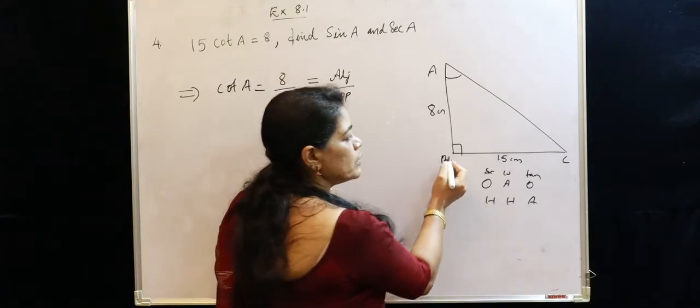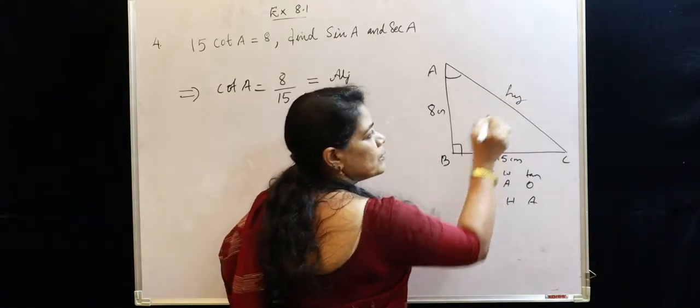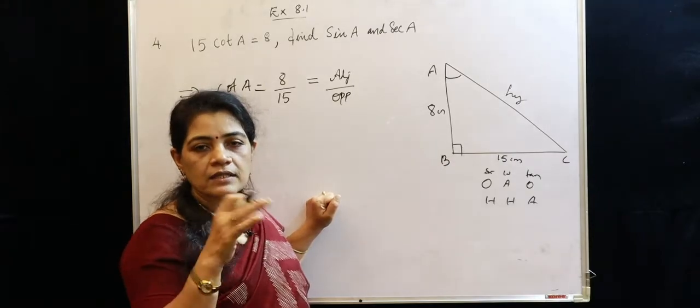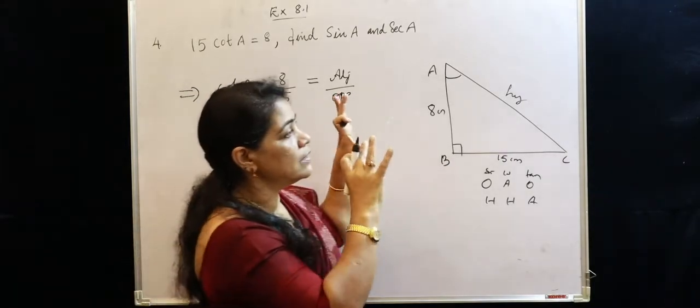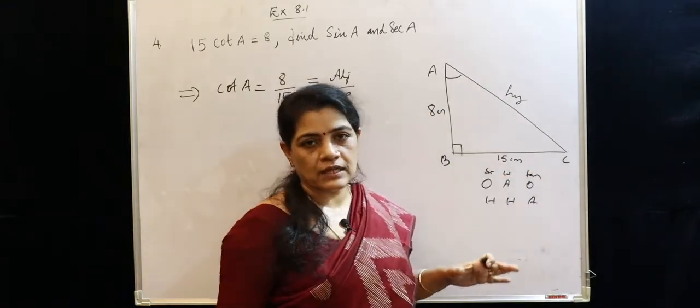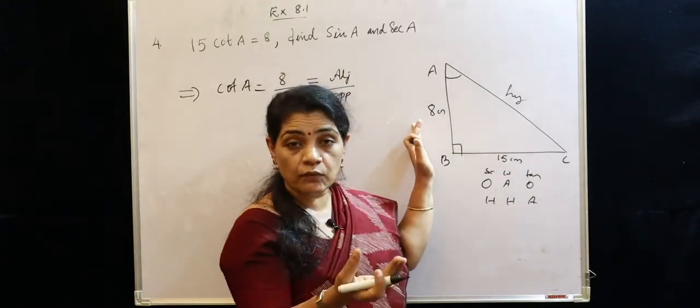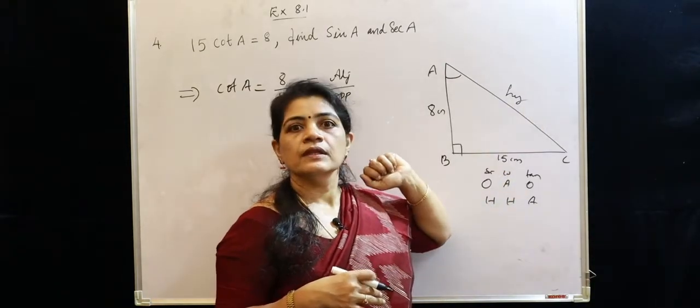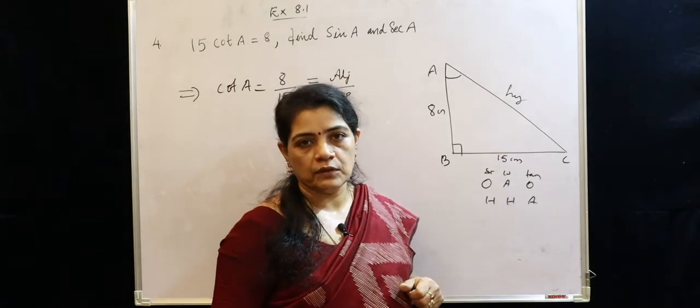With respect to angle B, this is the hypotenuse. If the hypotenuse is needed, you add the squares of the other two sides. If any other side is wanted, you subtract the square of the third side from the square of the hypotenuse. Understood?